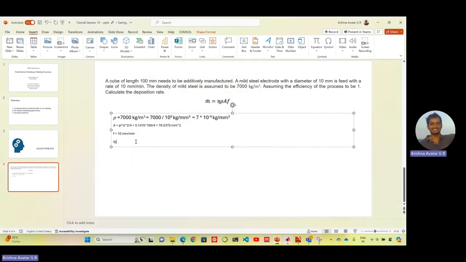So eta is equal to 1. Now we can compute m dot.